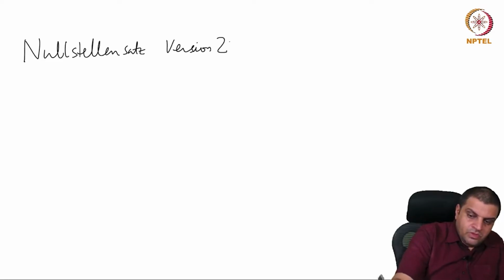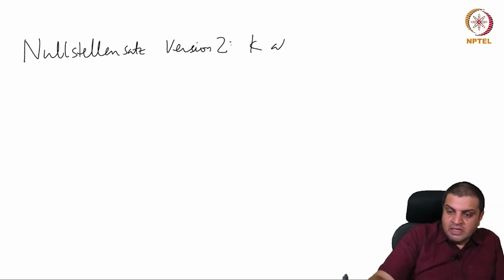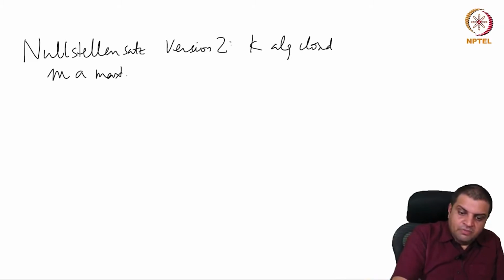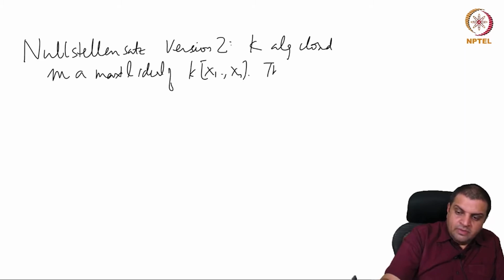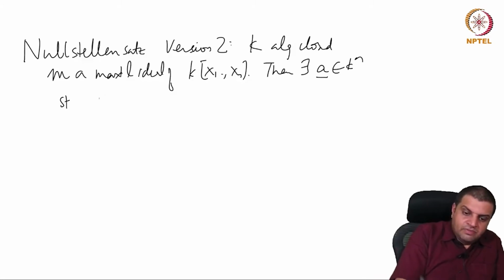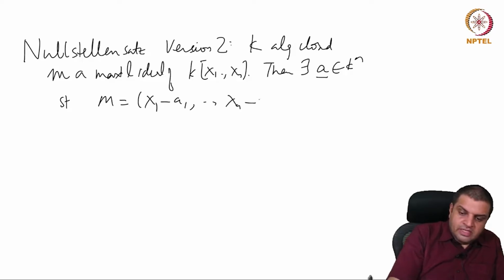So remember version 2 of the Nullstellensatz, which was that K is algebraically closed, and M is a maximal ideal of R = K[x1 through xn]. Then there exists some A inside K^n such that M is (x1 minus A1, through xn minus An).